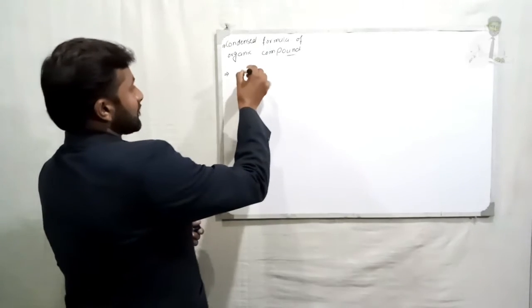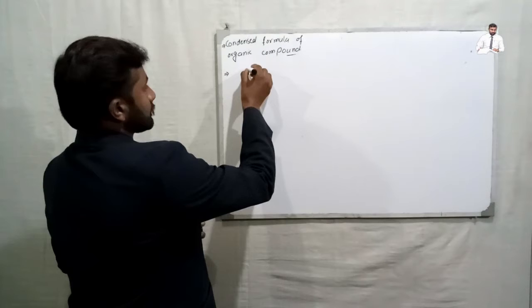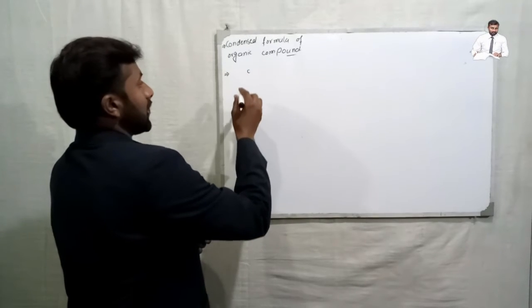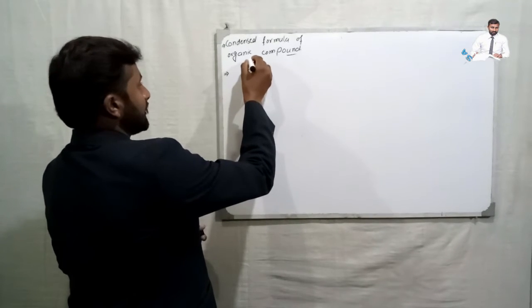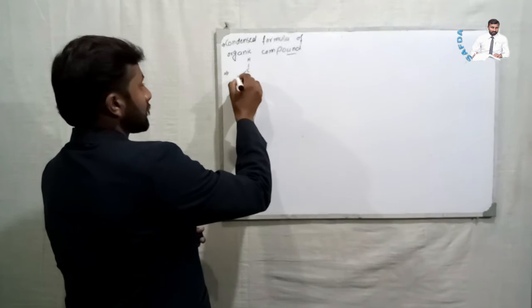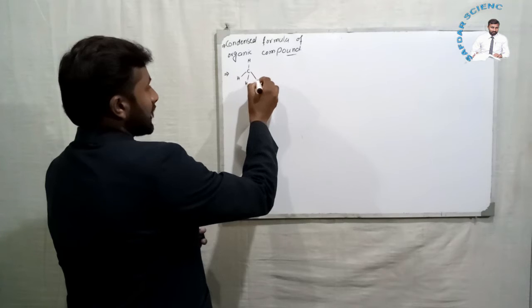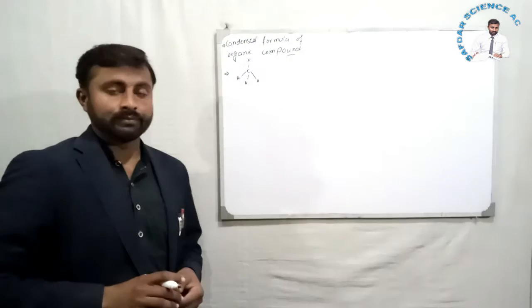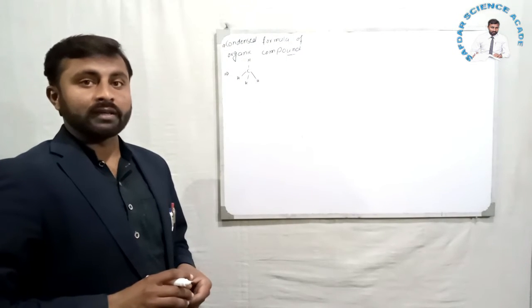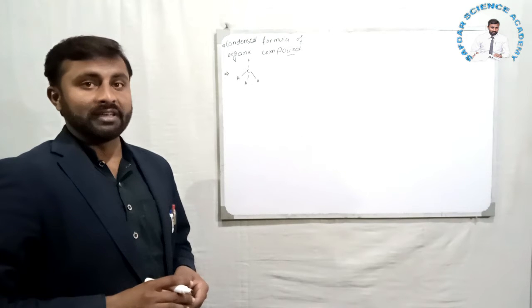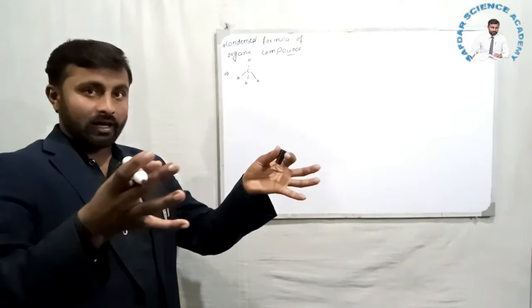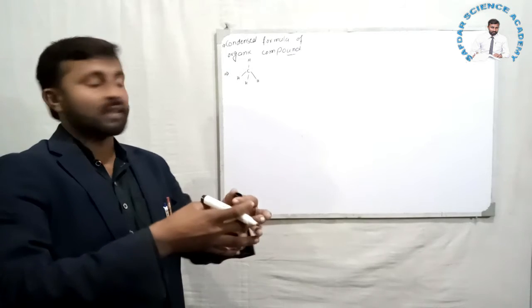If we see the structure of methane, in which all of the hydrogens and carbons are seen in a tetrahedral structure, but when we write its condensed formula, it means we condense all of the things to each other.